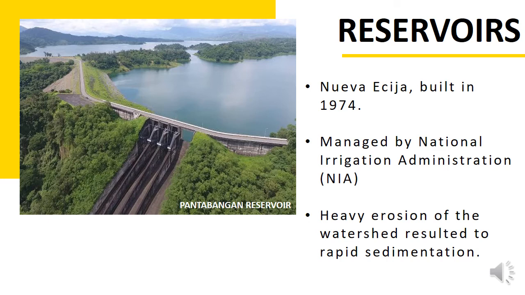Pantabangan Reservoir is located in Nueva Ecija, built in 1974, and managed by the National Irrigation Administration. Heavy erosion of the watershed has resulted in the reservoir's rapid sedimentation. Fishing rules and regulations have been formulated by NIA.